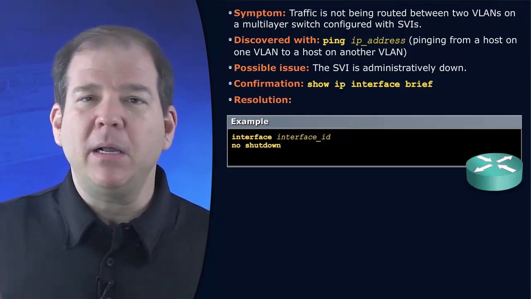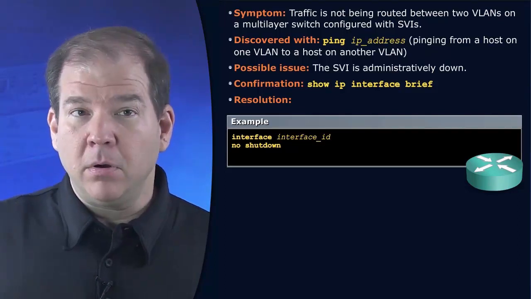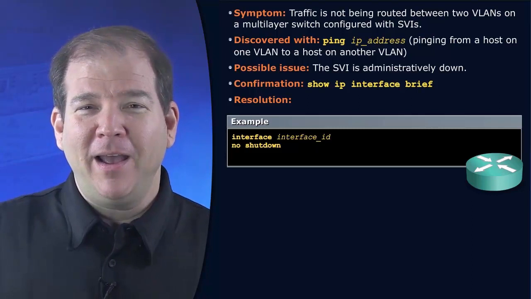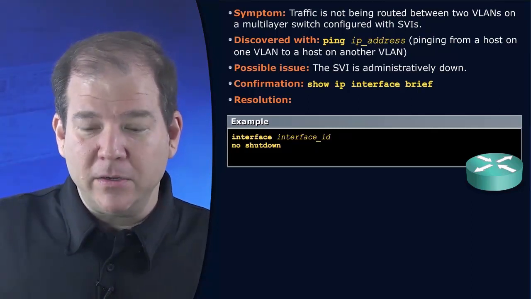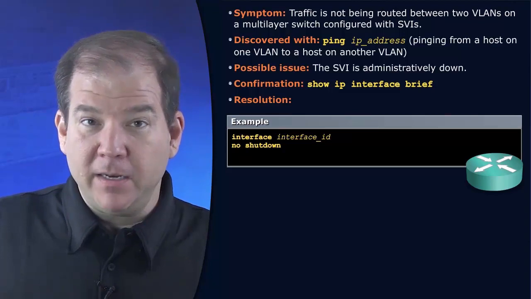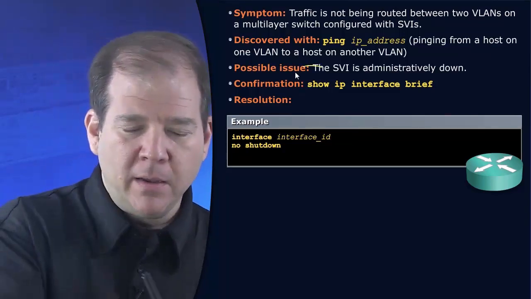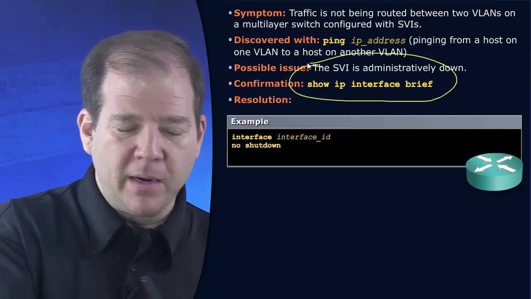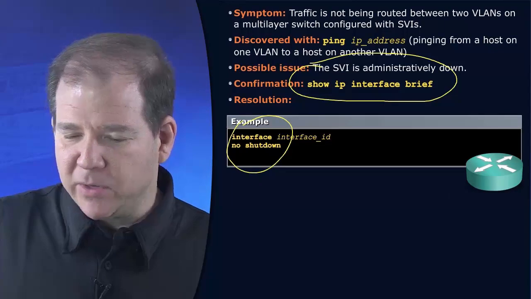When we dynamically create an SVI on a switch, it's administratively up anyway, and if it's shut down, it's something we probably did. If it does get shut down, though, we can see that with the output of the show IP interface brief command, and we can go into interface configuration mode and administratively bring that up.